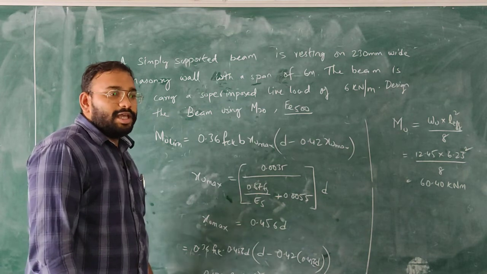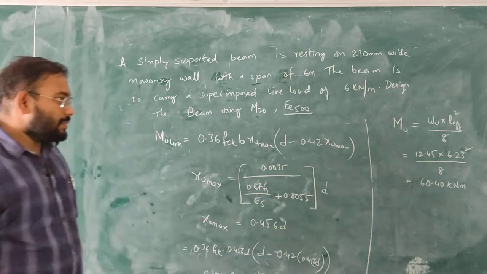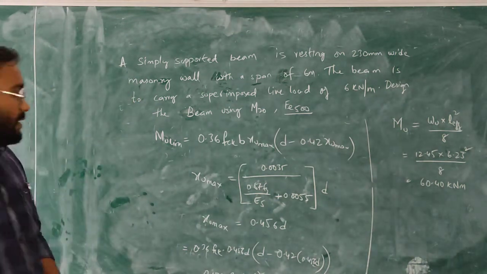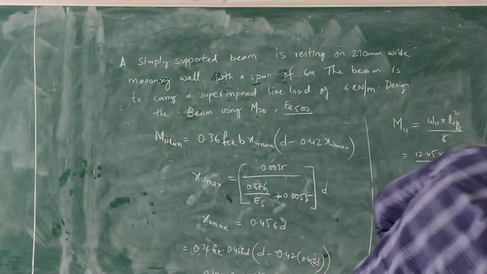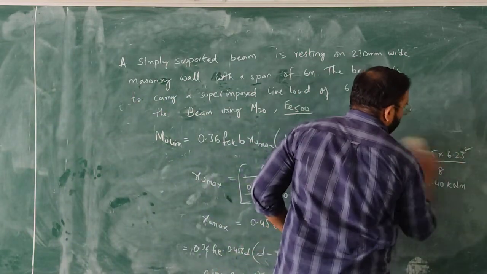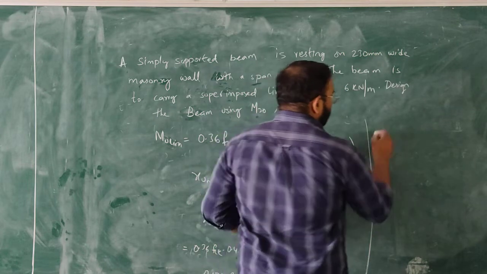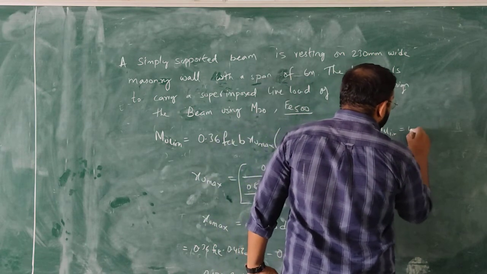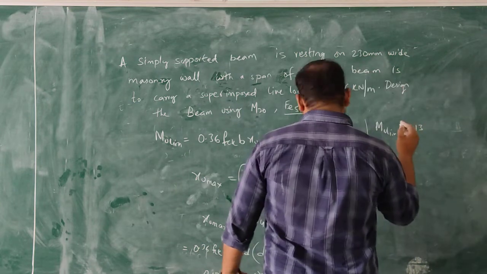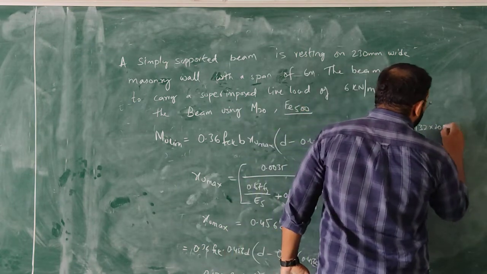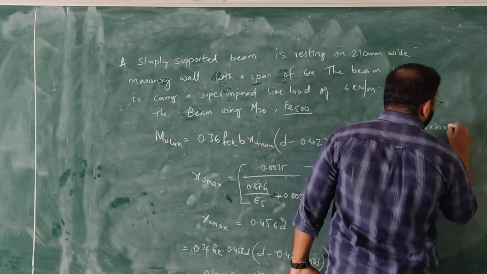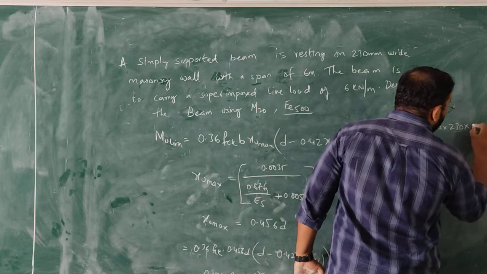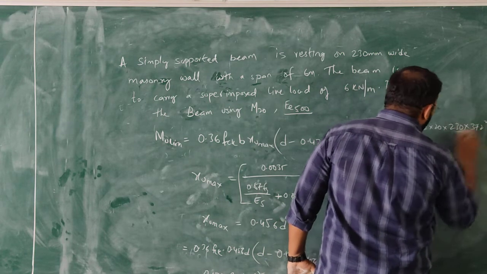Okay. This formula is to be computed. Now tell me what is Mu lim? Mu lim or limiting moment, it is given as 0.132 into fck is 20, B is 230 multiplied by 372 square.